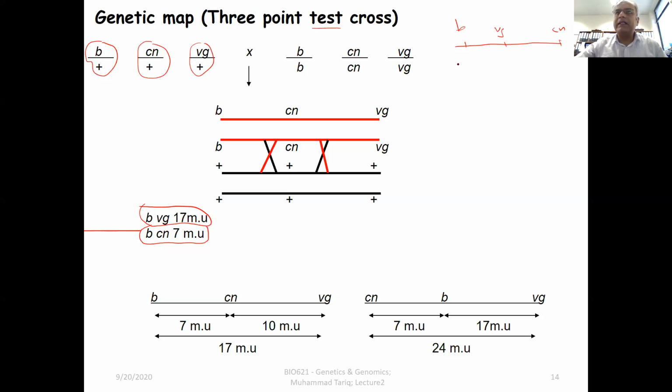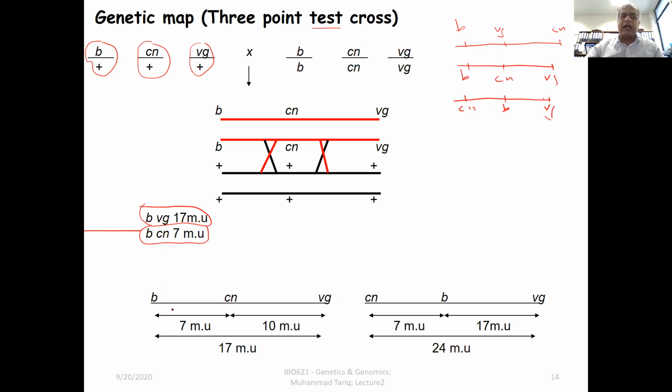One possibility is black, cinnabar, vestigial. The other possibility is cinnabar, black, vestigial.